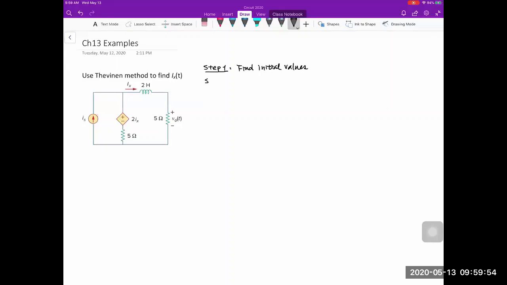The second step is, after you find the initial value, you're going to convert your circuit into the S domain.